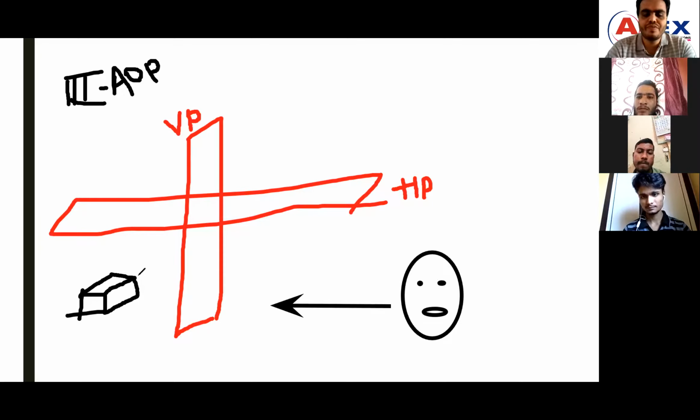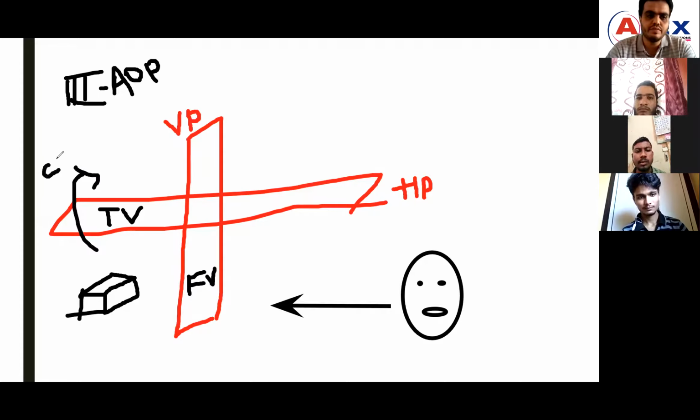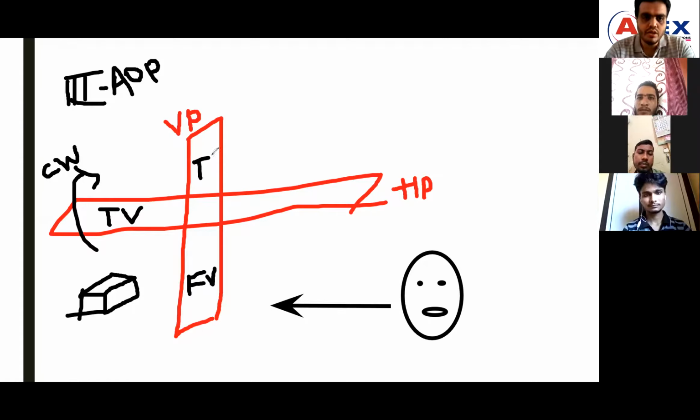Now the same procedure. The front view I am going to project here, and the top view I am going to project here. The observer can observe the front view, but he is not able to observe the top view, right? Again we need to rotate this in a clockwise direction. Once we rotate it, the top view will come above HP, above the front view.